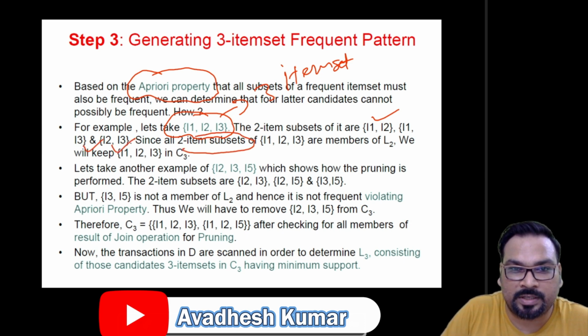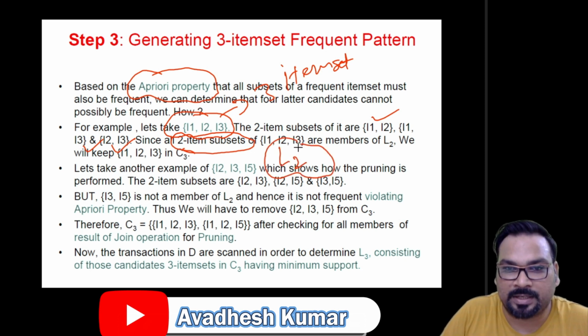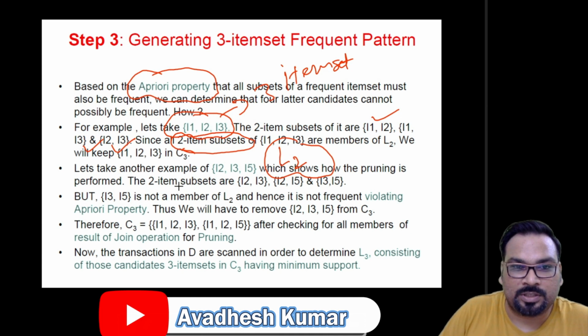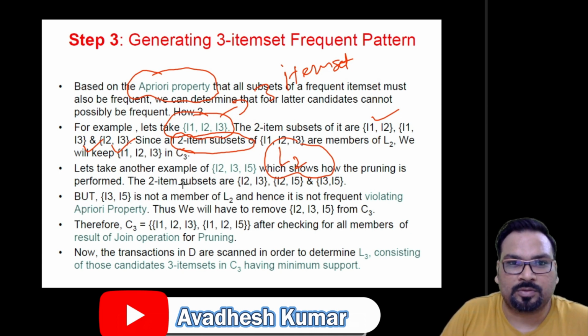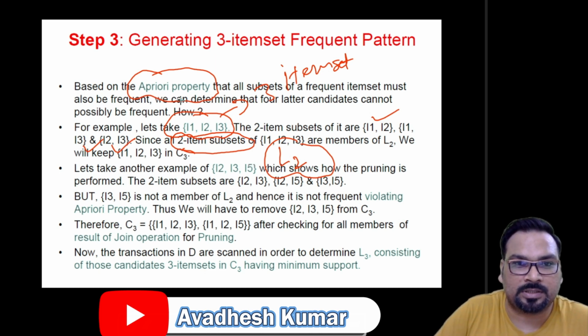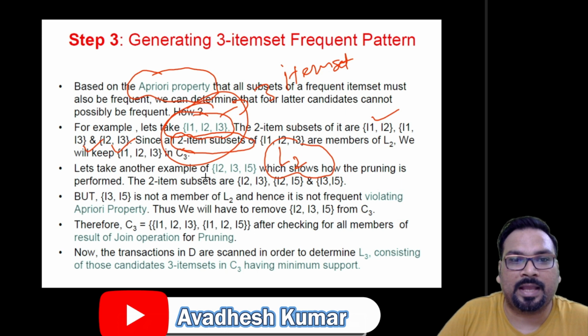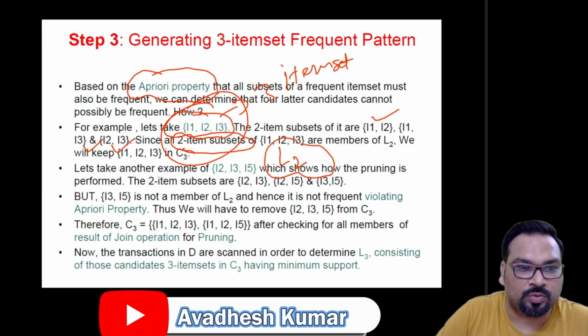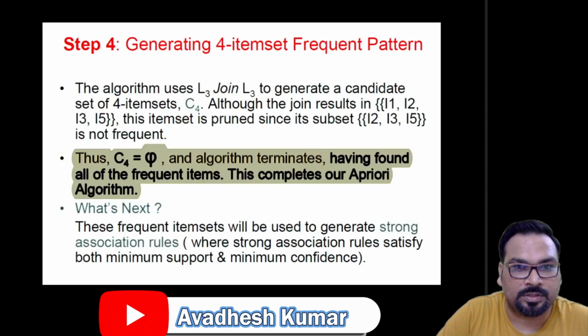So these 2 item sets should come from L2. L2 means frequent item set. So this property should hold for any frequent item set.